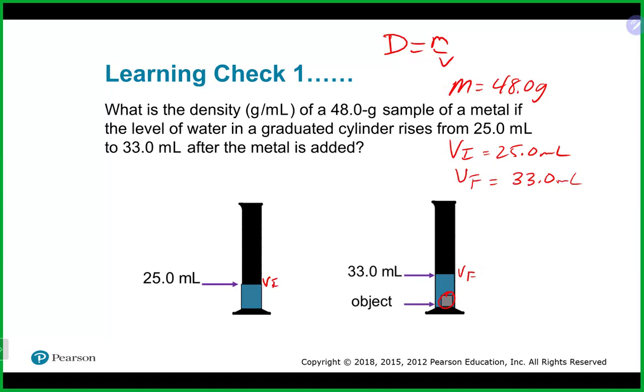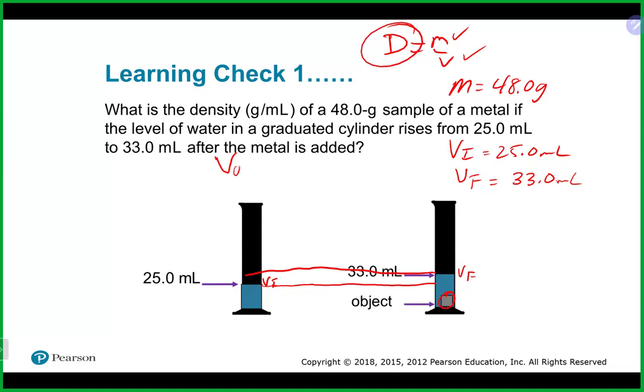Remember that to find the volume of the object, which is what we're looking for, we want the difference between those two volumes. That's where we would start in this calculation, because we have mass, we have volume, and that's going to allow us to get to density.